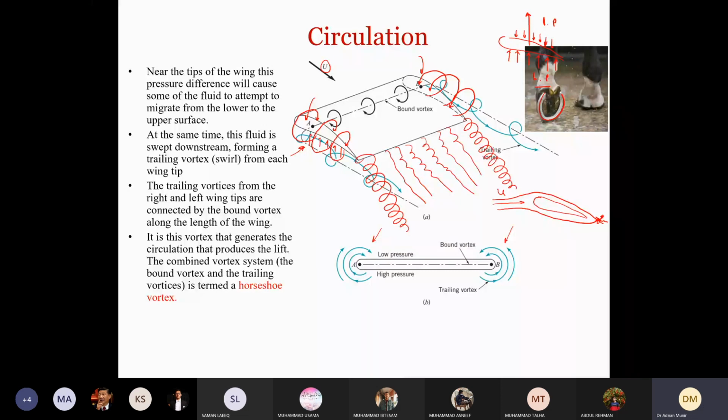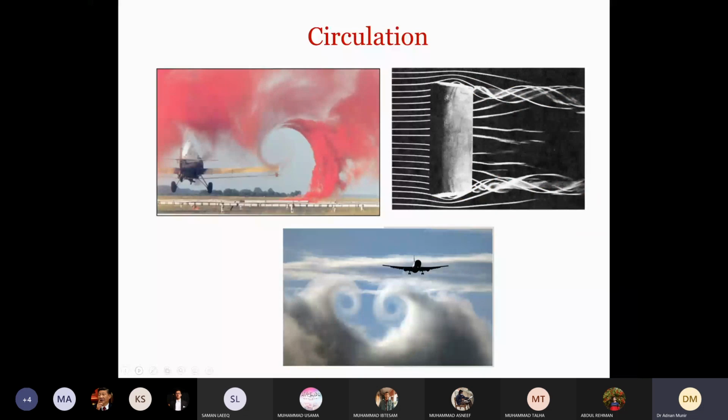So for now, remember that because of these tip vortices and incoming bound vortices, we have net lift force and drag force generated on the wing, like this, right? Now you can see there are two examples shown over here of those helical vortices that are generated behind the cylinder because of those tip vortices.